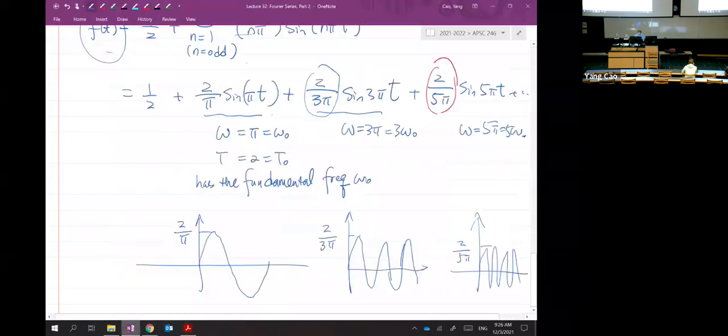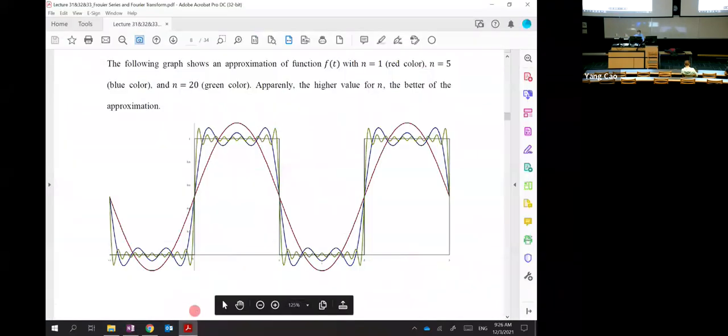So for example, if I take 1, 2, 3, and then put 2 more terms behind this, that's basically when n equals 5. You're taking 5 terms, or you take 20 terms, right? And then you put them together, you add them together.